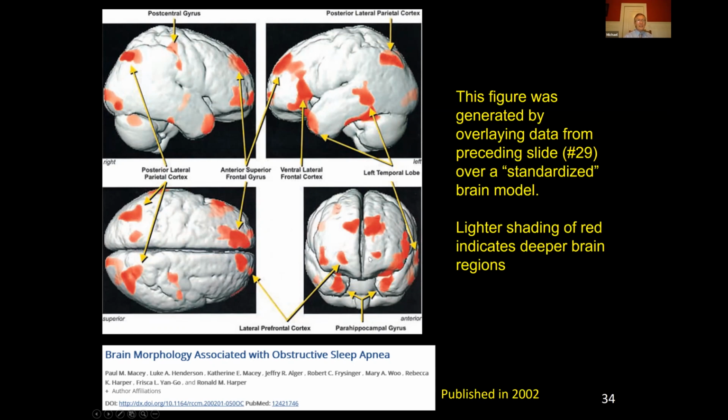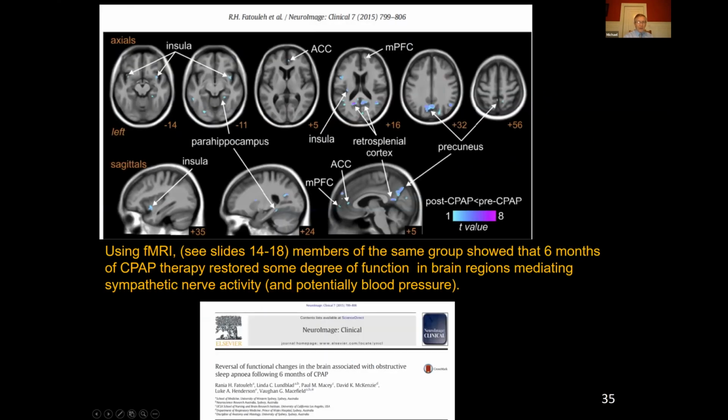Now, this was 2002. This was one of their earlier publications, and this was from 2015. So following up on what Ron's group had thought about, gray matter loss in the brainstem impacting upper airway function.